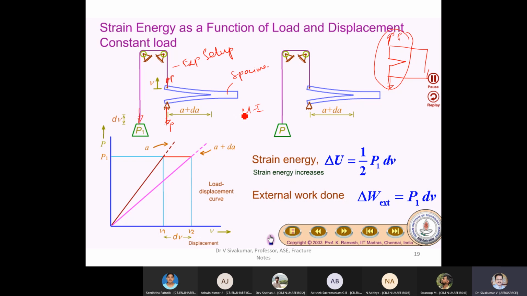The direction V is this, because this is X and this is Y. X displacement we call U, Y displacement we call V. V displacement is like this. I'm removing whatever I wrote, otherwise it will confuse you.